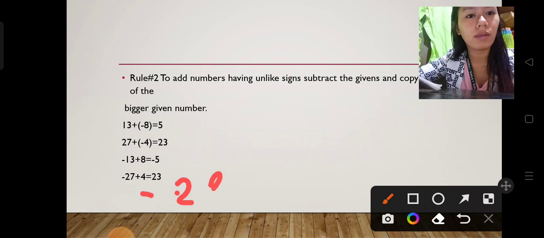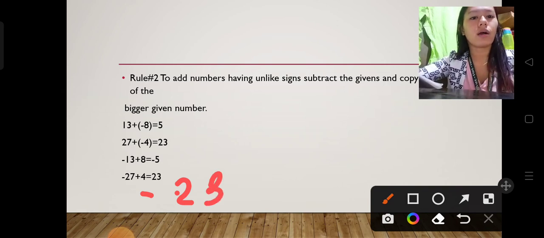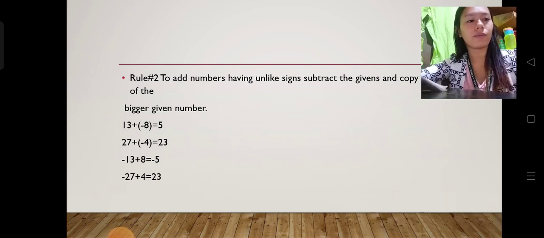Okay, negative 23. Since the bigger number is negative, our answer is negative also. Since it is unlike signs, we subtract both numbers. Okay, so the answer is negative 23.